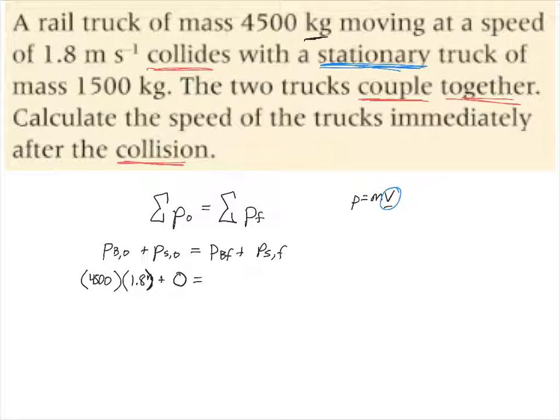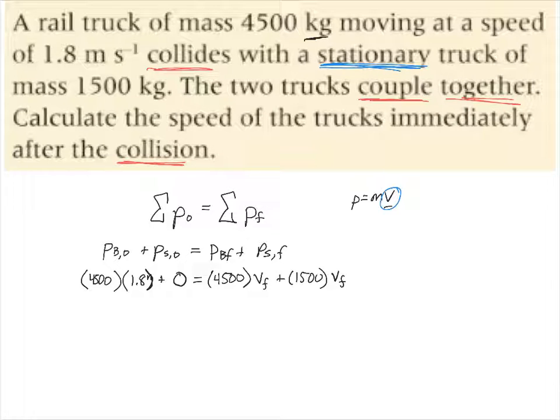Now we're going to do the momentum of the big truck final. So again, it's 4,500 for its mass times its velocity, which we don't know, plus the momentum of the small truck. The mass of the small truck is 1,500, and we don't know its velocity either, but because they're coupled together, they're going to have the same final velocity.